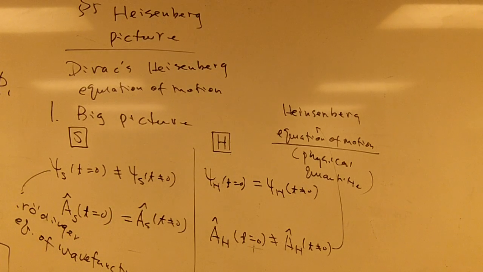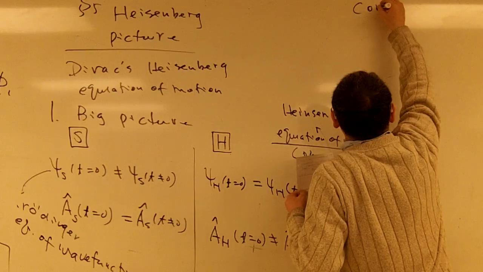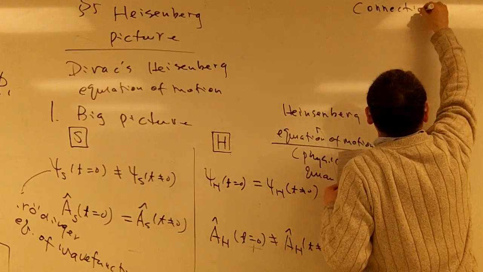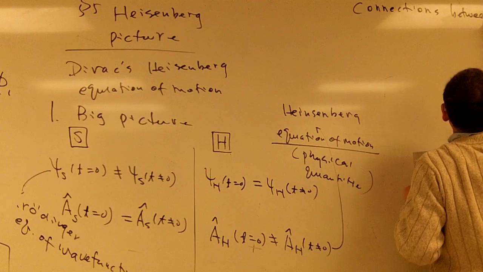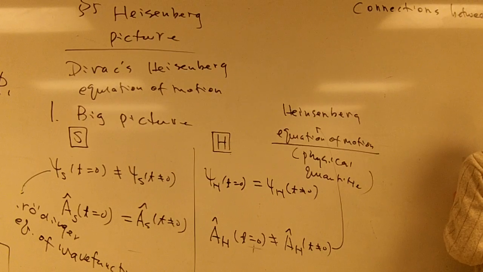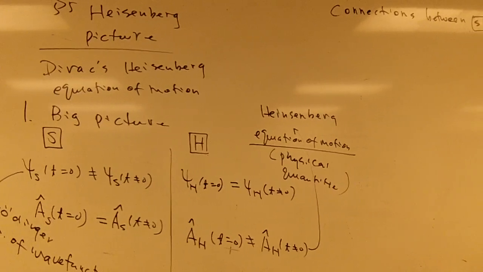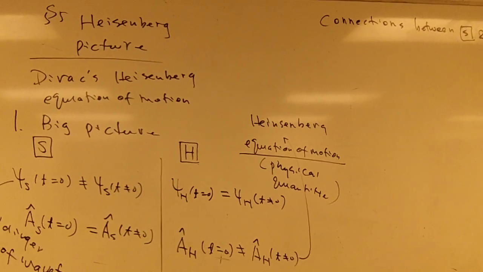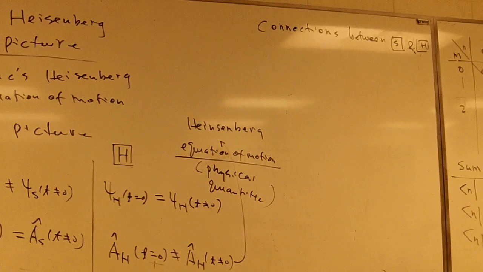Before I move to the equation of motion, I'm going to show you connections between S and H. They are connected. They're not just separate. They are actually connected to each other. So that is why I'm going to show you how these two are related to each other.